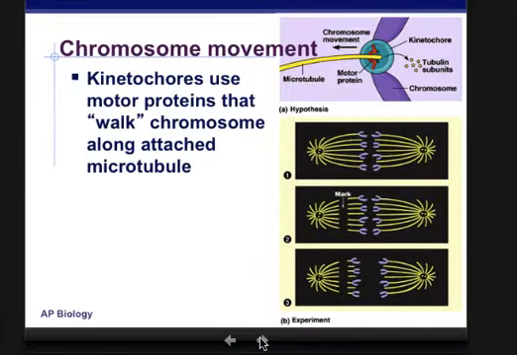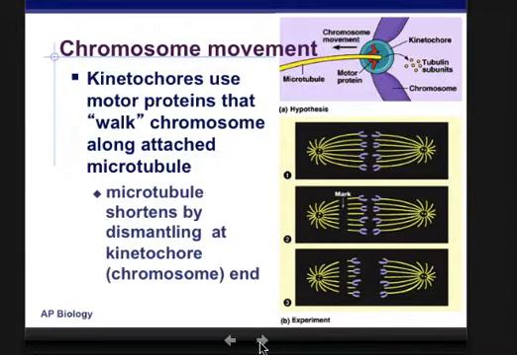Kinetochores use motor proteins that walk chromosomes along attached microtubules. And by walking, we mean that the motor proteins actually look like little feet, and they move along using ATP along the way. So the microtubule shortens by dismantling at the kinetochore, the chromosome end.